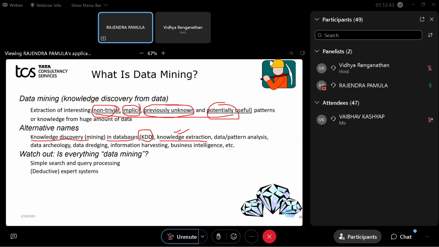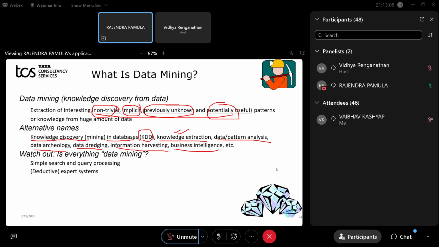And we can also call data mining data and pattern analysis, data archaeology, data dredging, information harvesting, business intelligence.